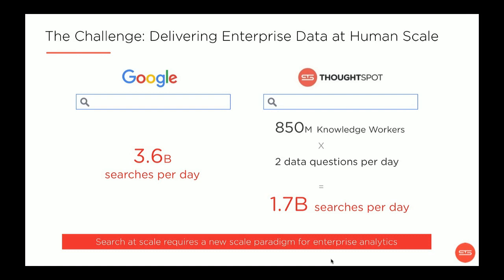If you look at ThoughtSpot and the breadth of knowledge workers, 850 million workers, and if each of those knowledge workers just wanted to ask 2 data questions a day, we reach a pretty vast amount of searches as well, up to probably half of the number of searches that Google does. This is the opportunity that we see, and this is why we're in this market. Rather than focusing on a targeted set of experts, we want to expose and deliver data and insights at human scale to regular business people.